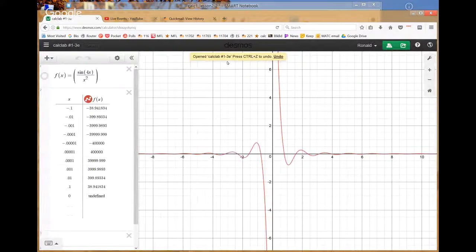Okay, I think you can see where the influence of the sine comes in, the S-I-N-E sine. You can see the waviness of the sine, but then what happens as we get closer to the y-axis, you can see this thing from the left side heads for negative infinity, and from the right side it seems to go up to positive infinity. You can just see that visually.